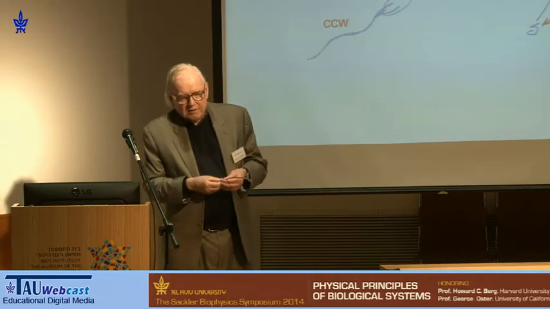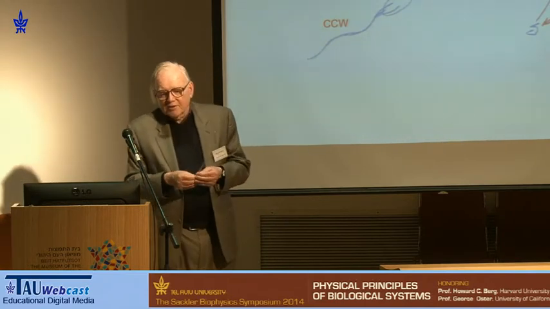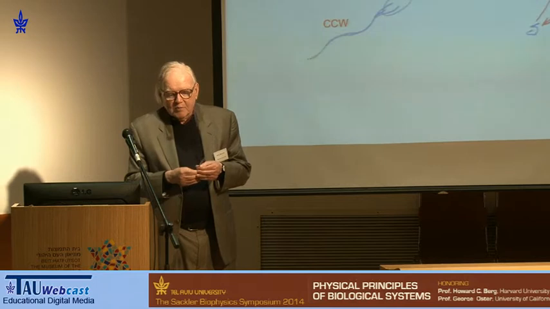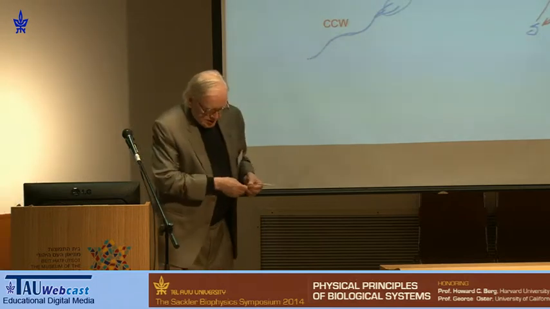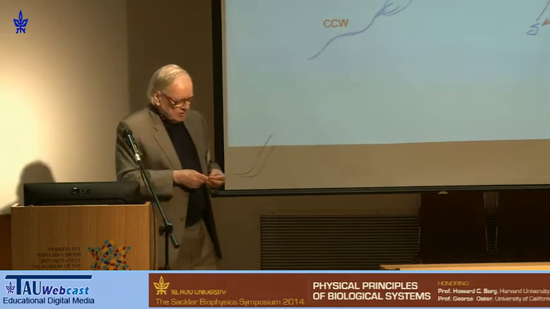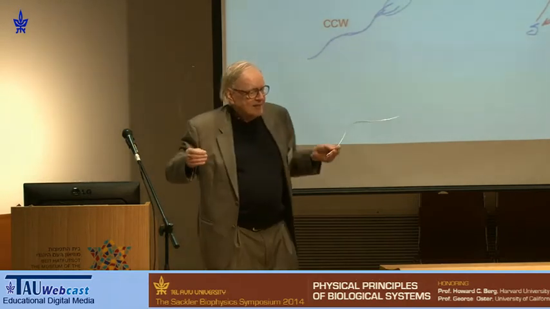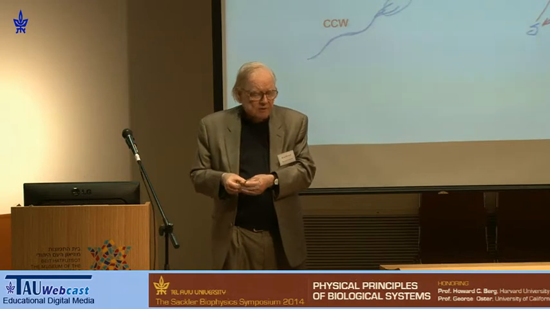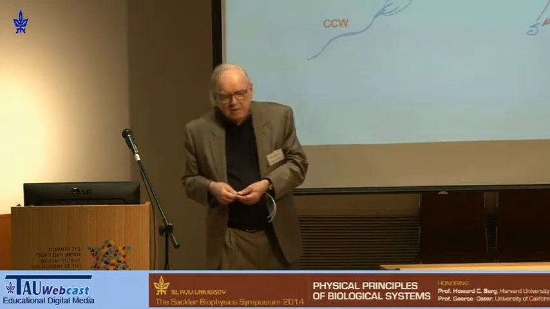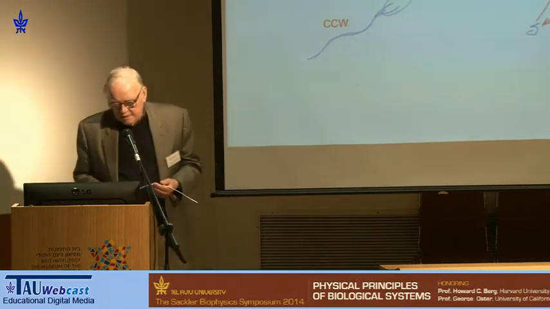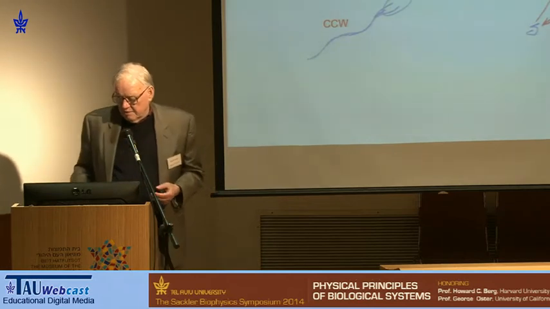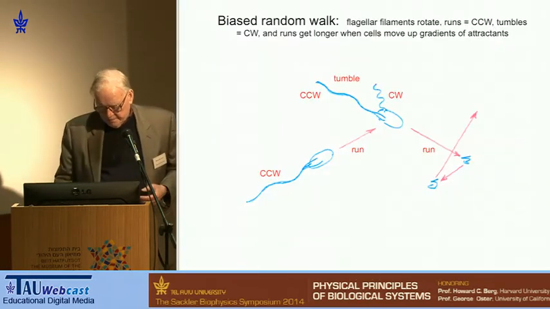It's kind of surprising. You can have rigid spirals, and they just go around side by side, not a problem. So this pushes the cell, and then when one or more motors goes the other way, this bundle comes apart, and the cell jiggles about in a funny way. And then the bundle reforms into a different orientation, and the cell takes off in a new direction. Thus, the runs and tumbles.